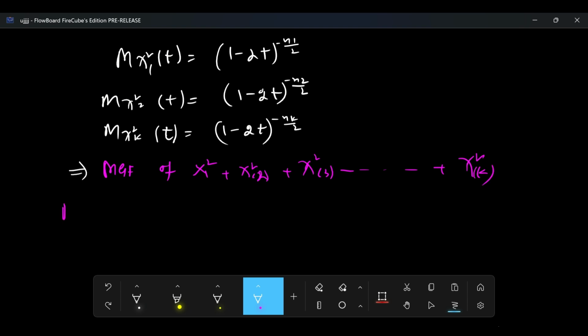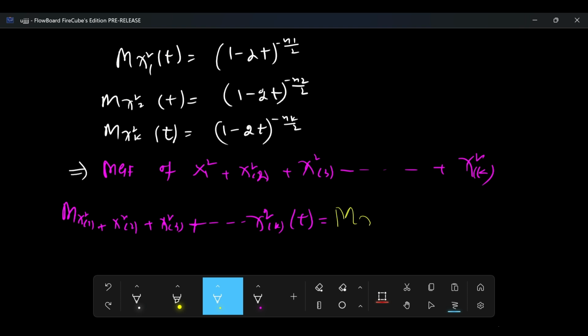This will be equal to the MGF of chi-square 1 at t times chi-square 2 at t up to chi-square k at t, as you know from the property.